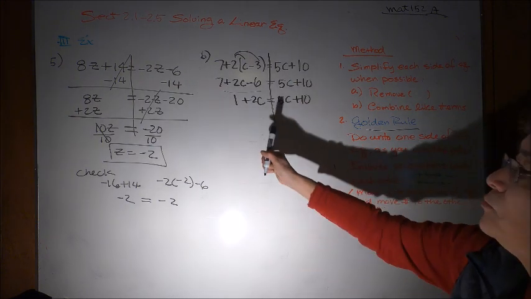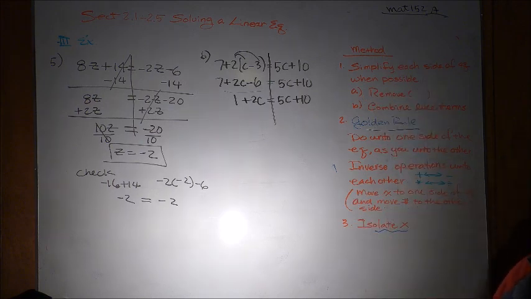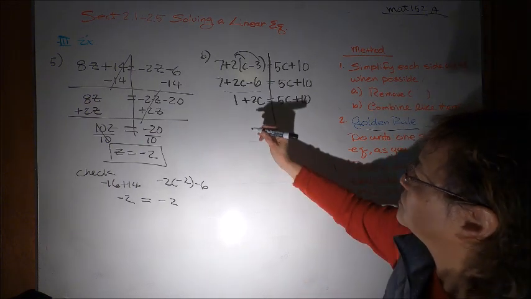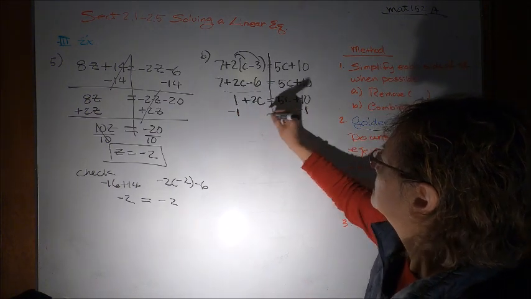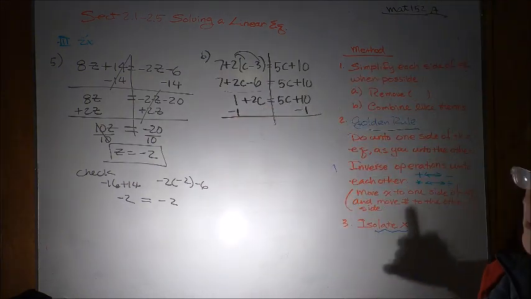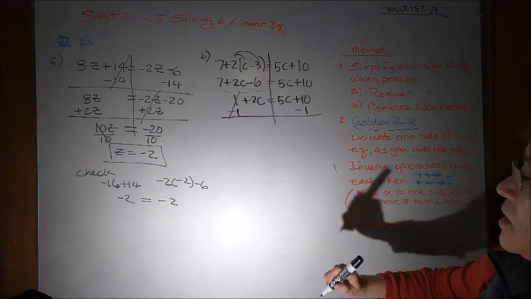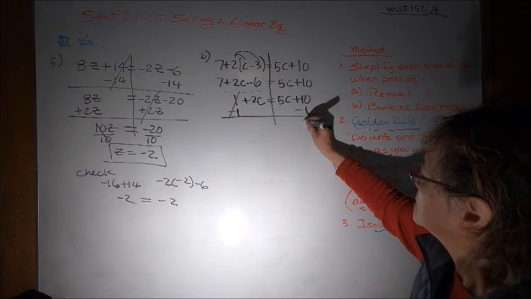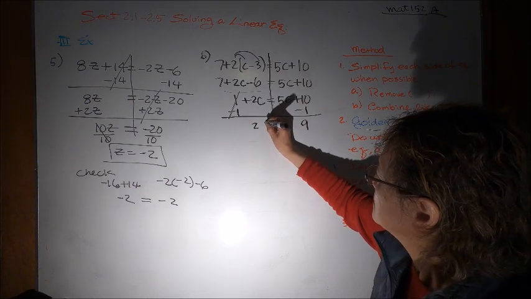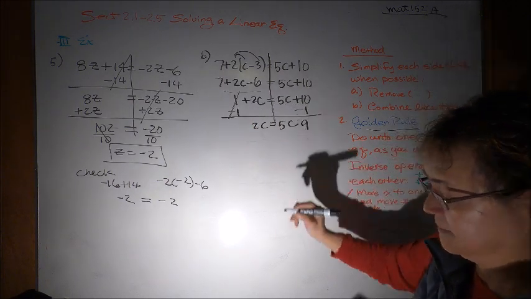Then we will move the number to one side, to the right hand side usually, right? So those cancel out. 10 minus 1 is 9. Then you copy the other things.